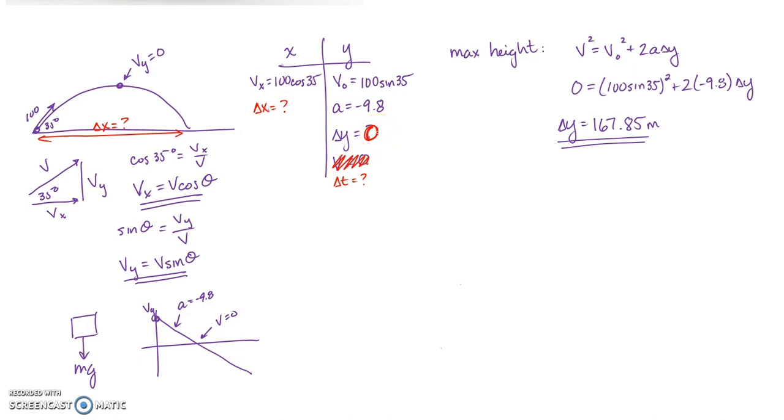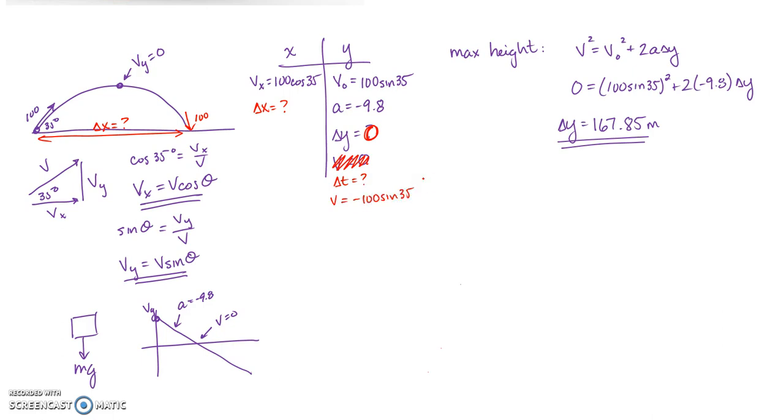A second way to solve the problem is to understand that if you land at the exact same height that you're launched from, you'll have the exact same velocity just in the opposite direction. So we could have also said that our final velocity is negative 100 sine of 35.